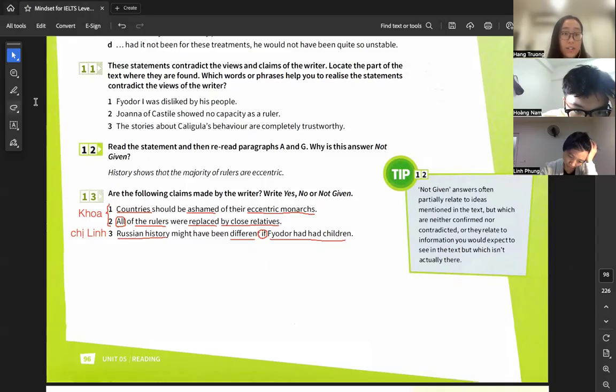It's a negative thing, right? Xấu hổ, tủi hổ. Yeah, to feel shame. Countries should be ashamed of their eccentric monarchs. Now you choose no. What is the reason here?